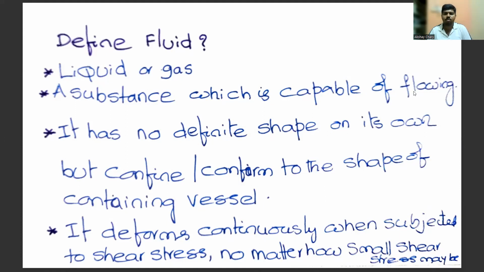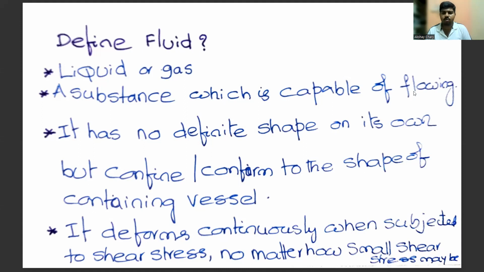So fluids don't have any shape until we put them in a confined shape or container. Okay, it deforms continuously when subjected to shear stress, no matter how small the shear stress may be. So here you can understand that fluids are continuously subjected to shear stress.